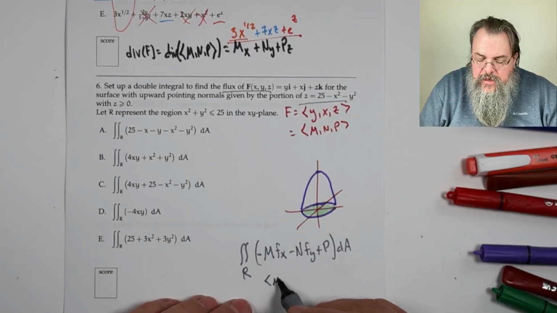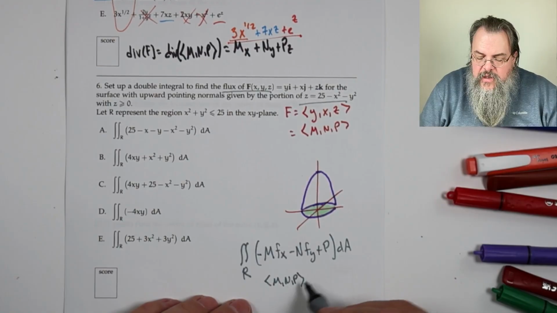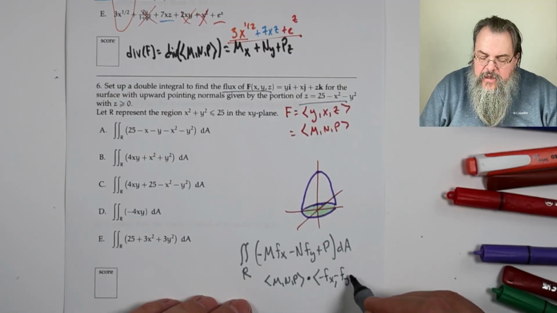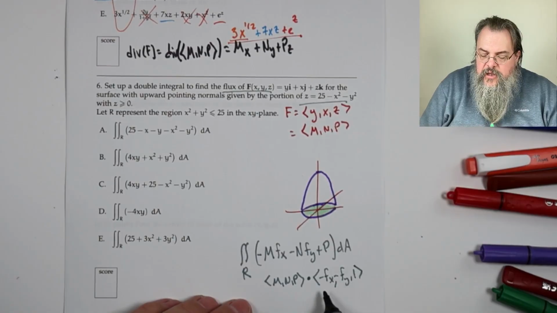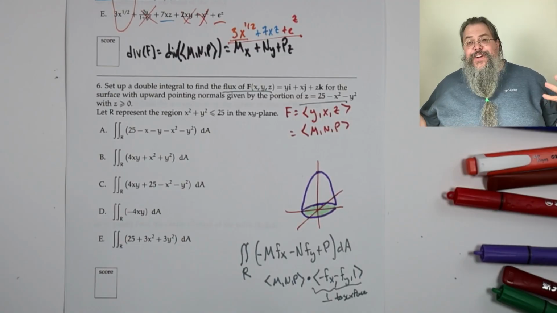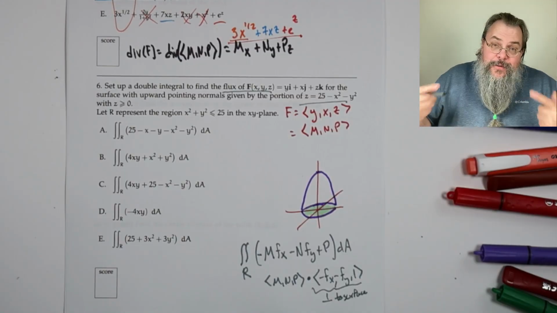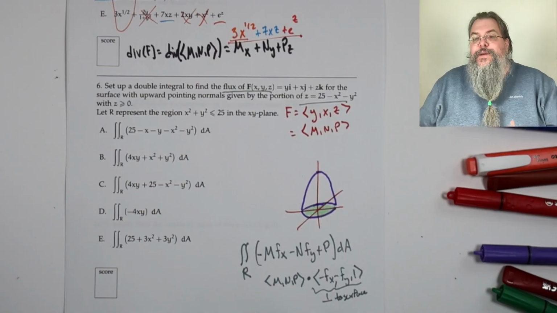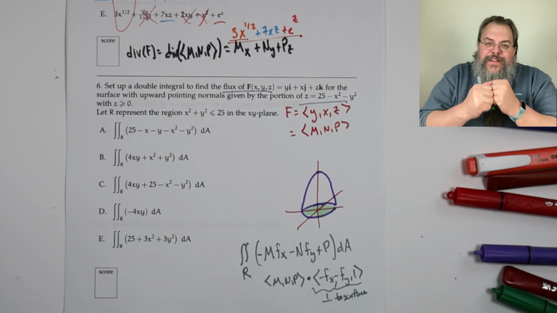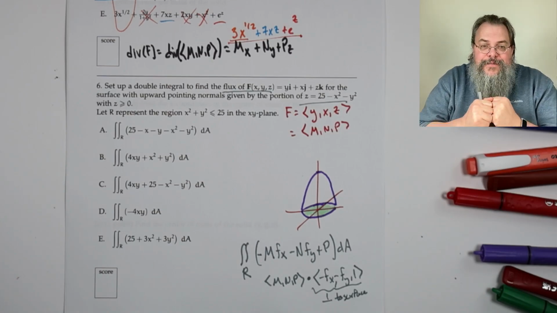You're taking your M, N, and P, that's your flow, and you're dotting it with minus f_x, minus f_y, and 1. This right here, this is perpendicular to the surface. So it's acting like the normal. The only thing that's at issue here is it's not a proper normal vector because it doesn't have the right magnitude. But that's where the dA comes into play. And so you get that little sort of cancellation going on here.